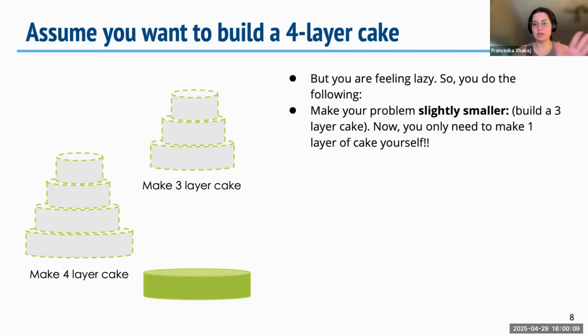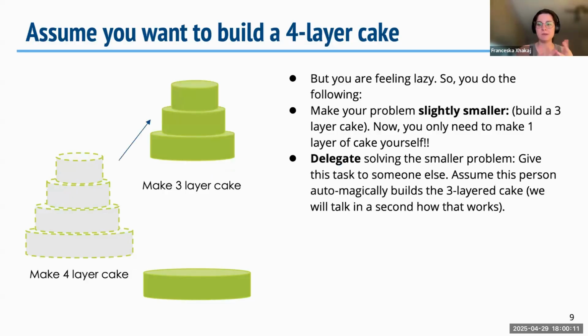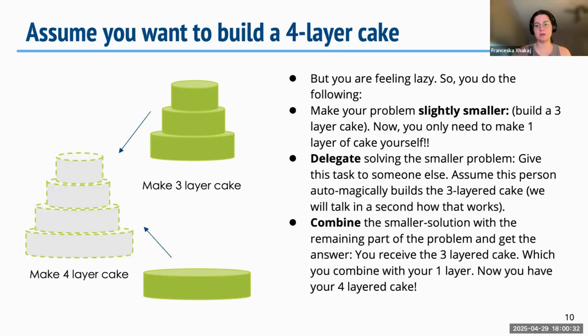Somehow, automatically, that other friend gets me 3 layers of cake that are finished. So I delegate the work to my friend. They somehow automatically get me these 3 layers of cake. We will see in a second how that is going to work. But now I have a 3-layer cake that is done and my 1 layer of cake. What is left for me to do? The only thing I need to do is combine them together.